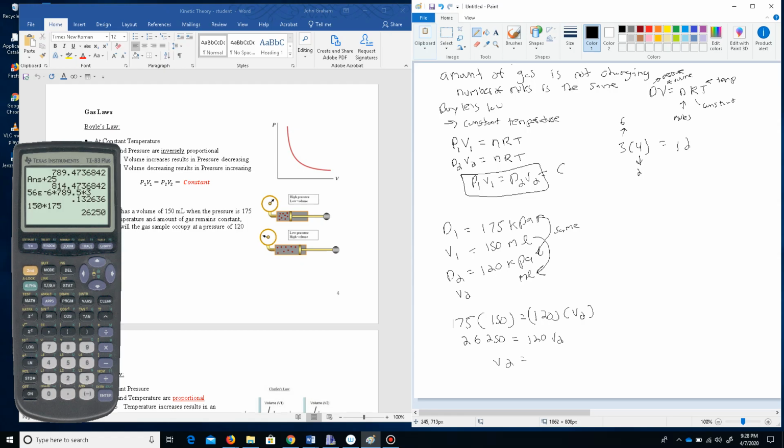We divide this by 120 and we get our answer: 218.75 milliliters. So when we decrease the pressure, the volume had to increase.